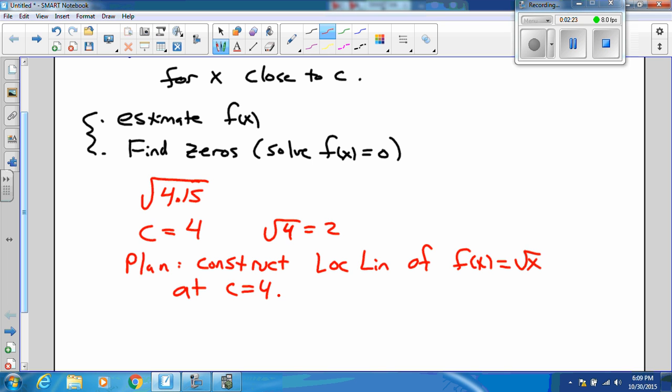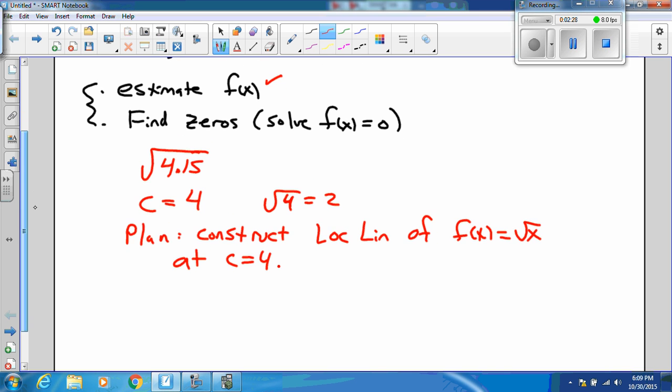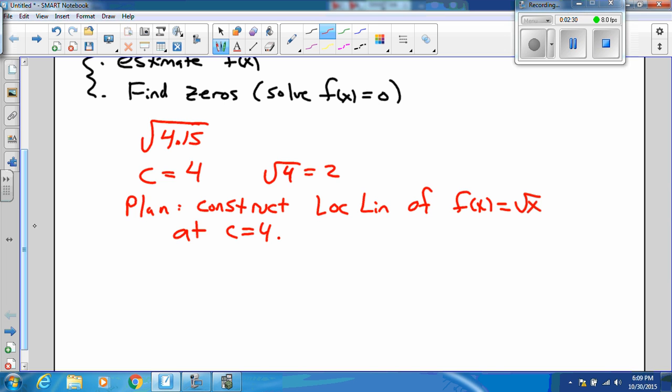And then I'm going to use that local linearization to estimate values of f of x, specifically to estimate the value of f of 4.15. Well, the local linearization is simply the tangent line. And so we know how to do that already. We know that it's going to be f of 4 plus f prime of 4 times x minus 4.